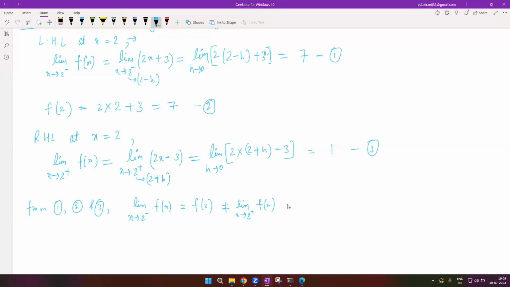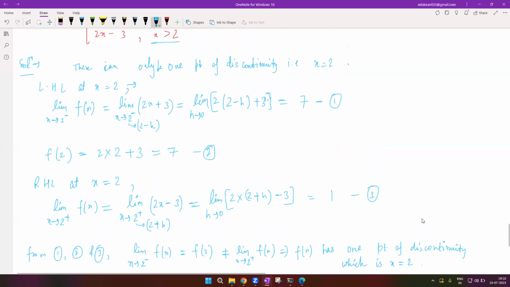So we can say that f(x) is discontinuous, or we can also write it as f(x) has one point of discontinuity, which is x equals 2.